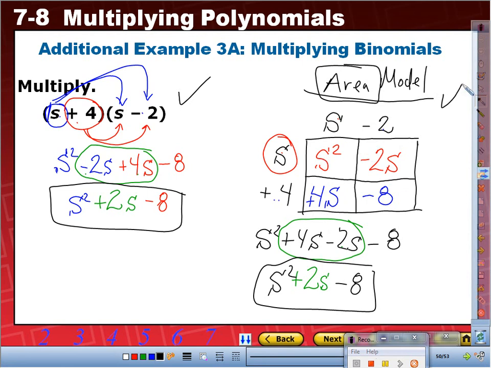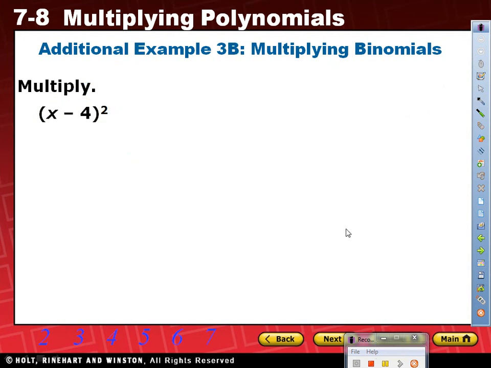This is using the area model. For the party on Friday, you can use either method, whichever is easier for you to use. If you can use the distributive property better, use it. If you want to use the area model, use it. Okay? So, with that said, copy this next one, please. Copy that.